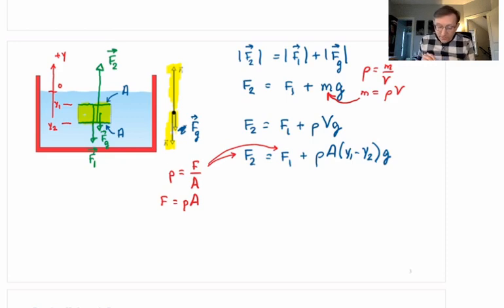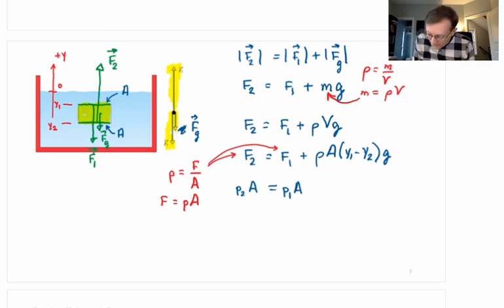So F2, the upward force from the bottom, at the bottom level, will be the pressure at that bottom level, P2, times the area A of that surface of the parcel. Force F1, acting at the top level of the parcel, is the pressure up there at that level, P1, times A.